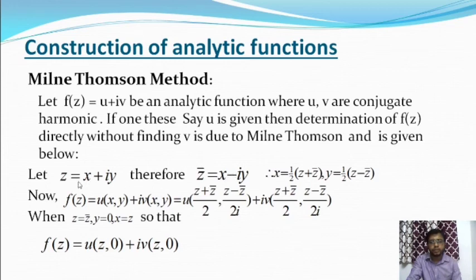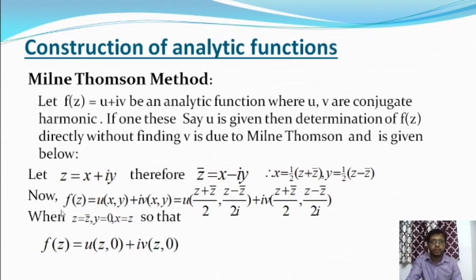If we cancel y from these two, we get x equal to 1 by 2 into z plus z bar, and y equal to 1 by 2i into z minus z bar. So these are the values of x and y with respect to z and z bar.